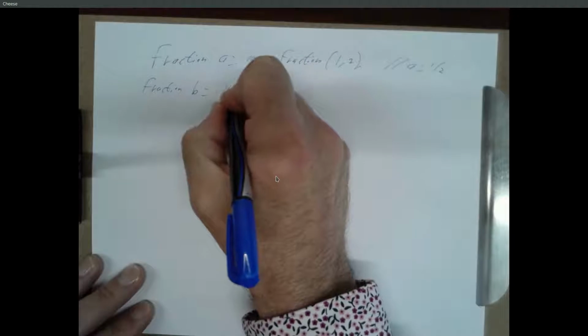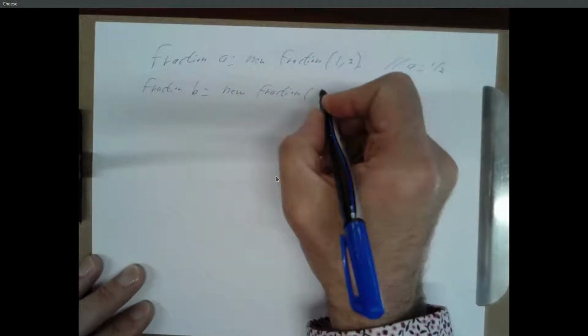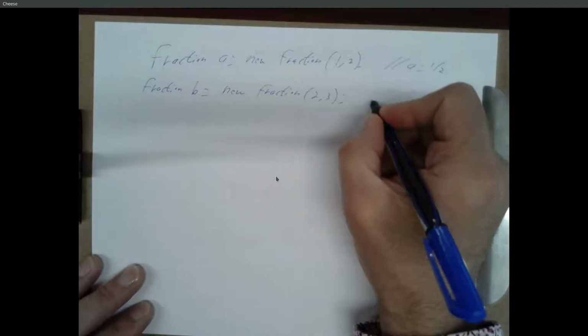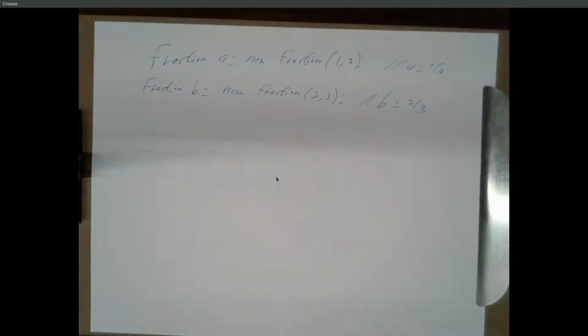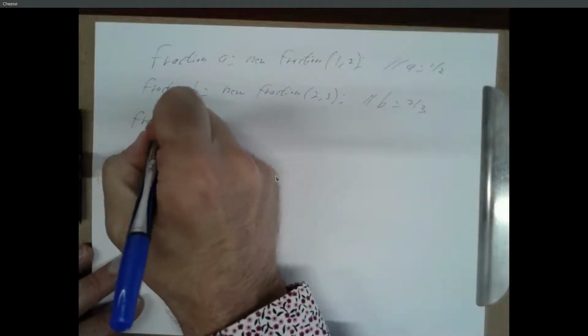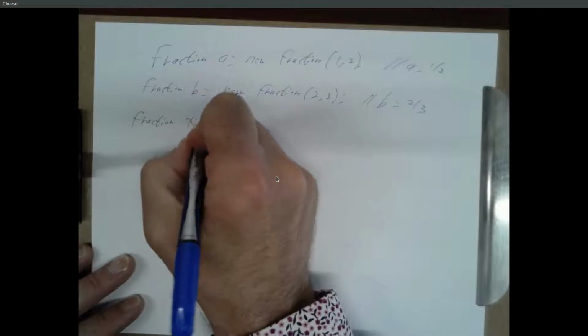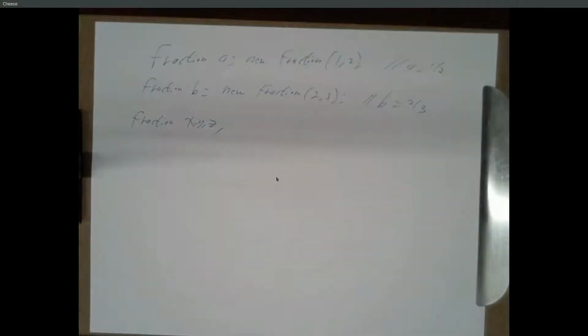Fraction B equals new Fraction, I don't know, 2 comma 3. So B is 2/3. All right, I'm going to set x, y, and z just to be fractions, but I'm not going to construct them here.